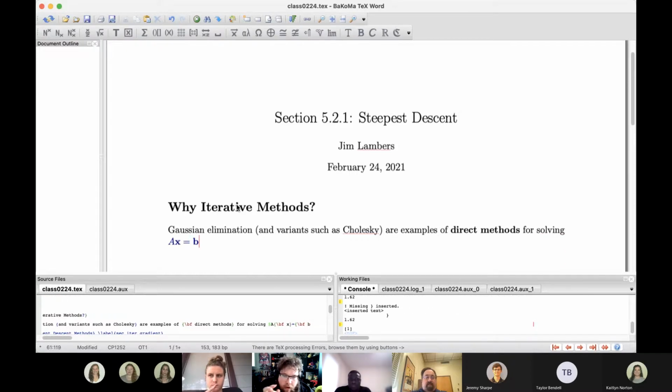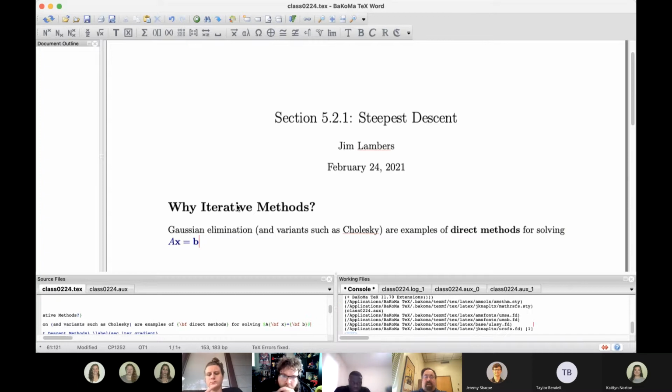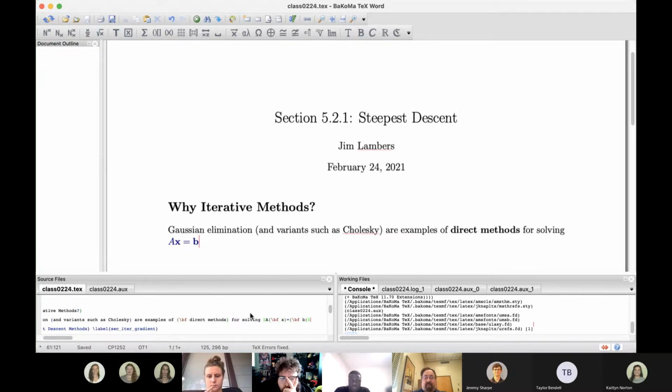And for this chapter, we're back in the case where A is n by n, a square matrix, invertible, unlike what we were dealing with in the last chapter on least squares.